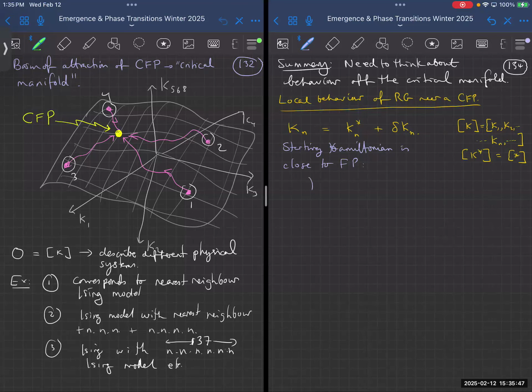So I can write H is equal to H of K star plus some delta H, and this thing over here I could call H star. So that's my picture in Hamiltonian space. And now we're going to ask what happens after we do a renormalization group transformation.